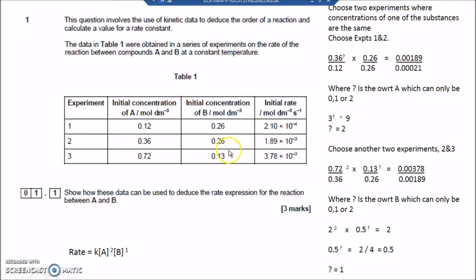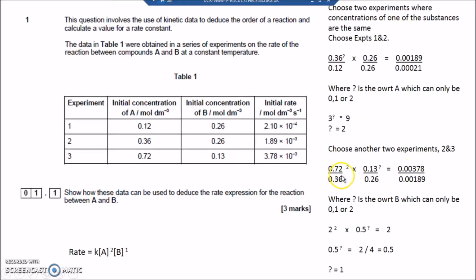multiplied by the concentration of B in experiment 3 divided by the concentration of B in experiment 2, 0.13 divided by 0.26, and that question mark there is the order with respect to B, equals 3.78 times 10 to the minus 3 divided by 1.89 times 10 to the minus 3.